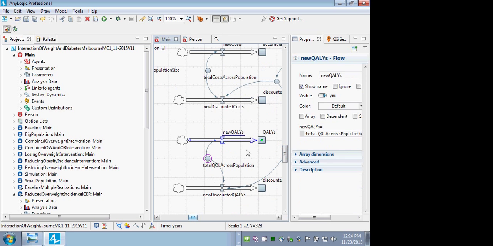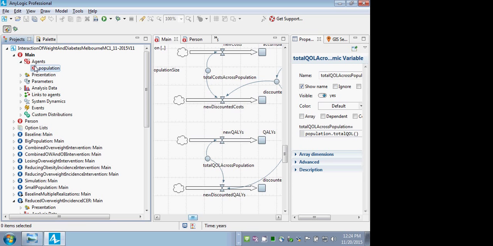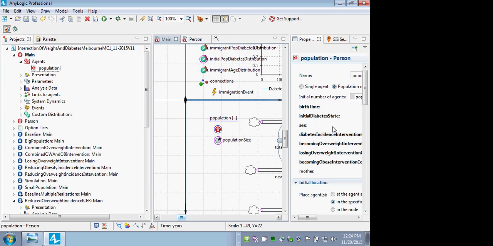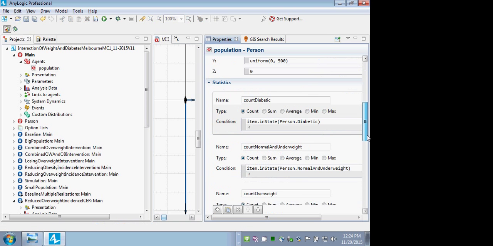So here the new QALYs are given by the total QALYs across the population, and this total QALYs across the population just calls a population statistic, which is located in here. It's a statistic. You've defined statistics before in terms of counts.